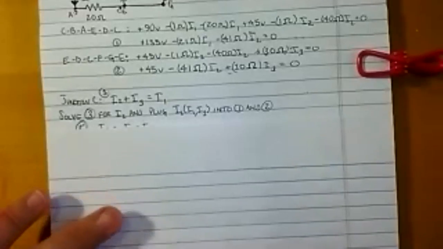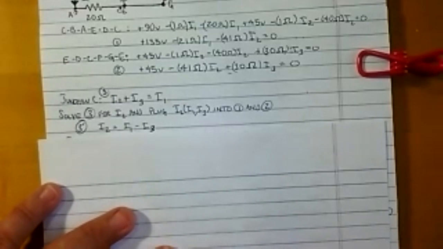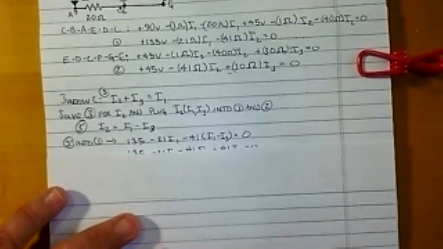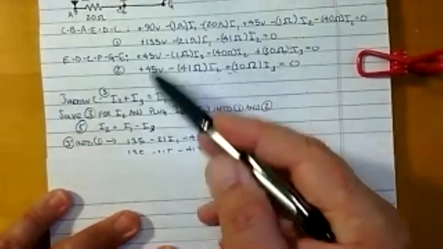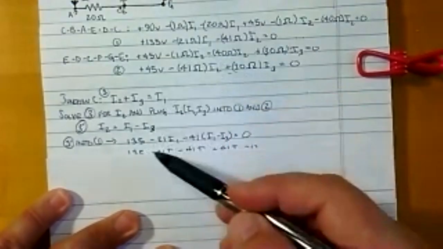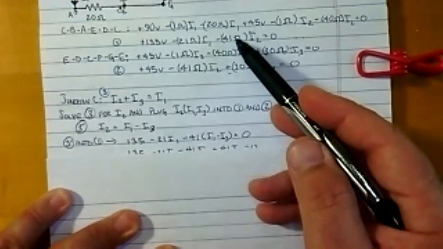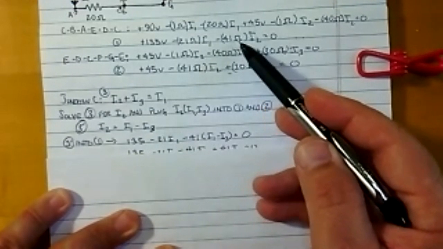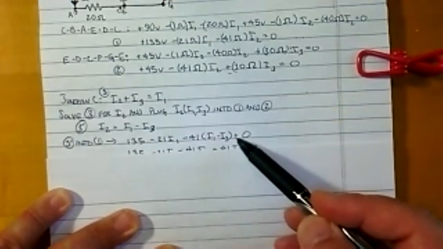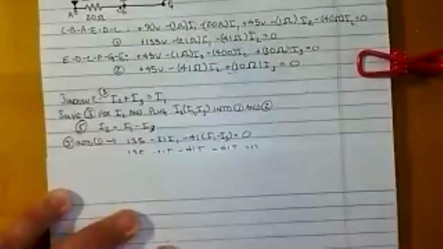So equation 3 prime is basically when you solve equation 3 for I2, you get, like I said, I1 minus I3. Now I plug 3 prime into 1. Notice I get 135 minus 21 I1, and here's where the different part comes in, minus 41 times not I2, but I1 minus I3. And then that's all equal to 0.